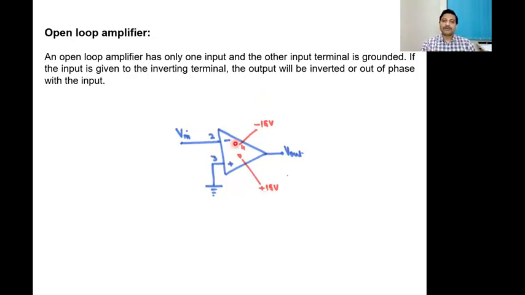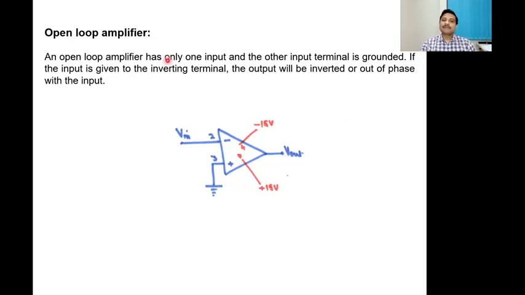So although we'll not be showing this in all the circuits, it should be implicitly assumed that the DC biasing at given VCC values is always present. So one input at the inverting terminal and the other input simply grounded. That's your open loop configuration with proper biasing, and the output is then taken from pin number 6.